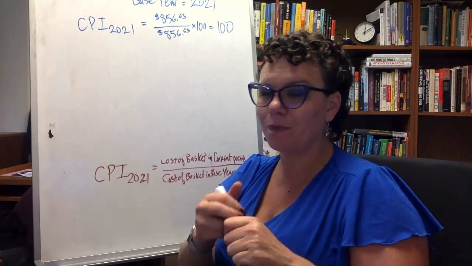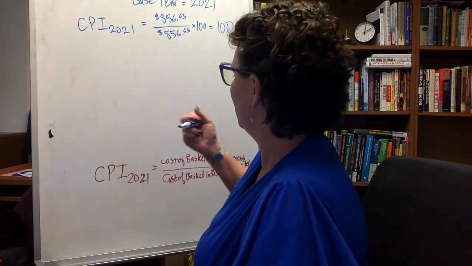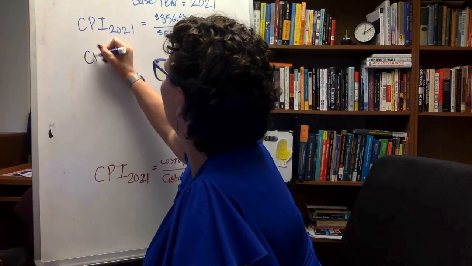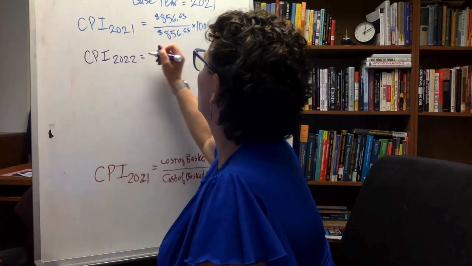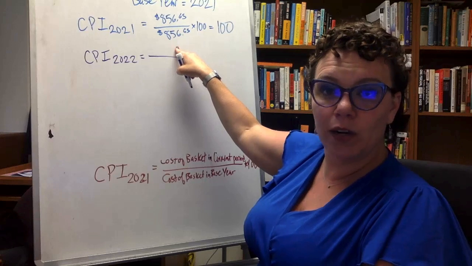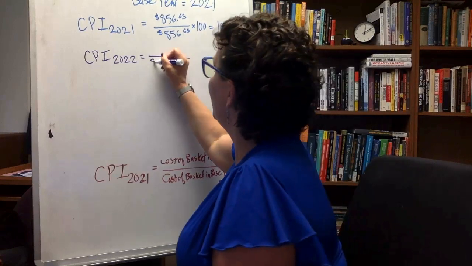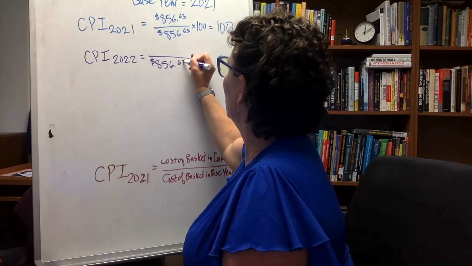So far, so good? That's not the most exciting one, so let's make it more interesting. Let's calculate the CPI in 2022. We're still going to have our base year be 2021. So I know my denominator, my lower value here, is going to be 856.63.